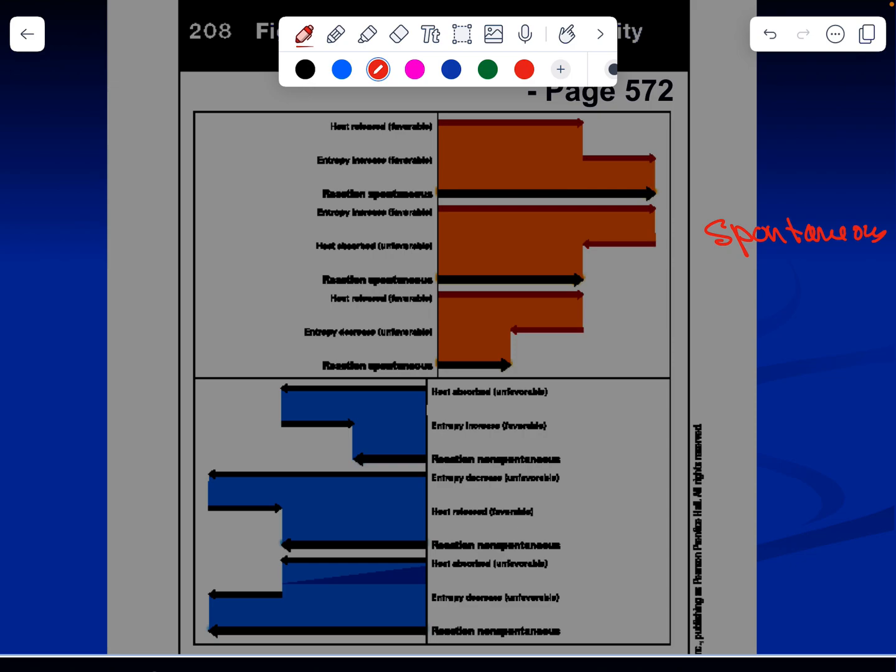So these are endothermic reactions. We have an endothermic reaction, so that's unfavorable.